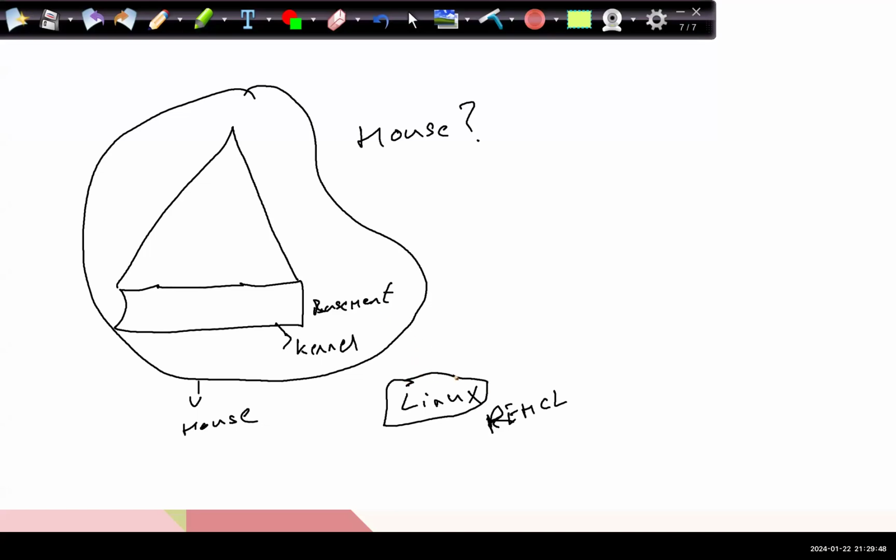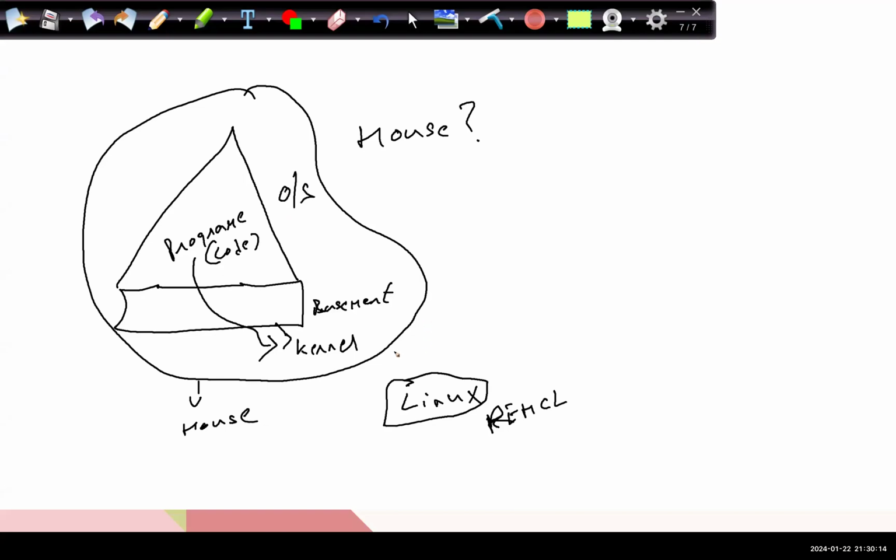I can take the Linux kernel, I can download it, but I have to write the program, right? I need to write the code which will give instructions to the kernel. Once I write this program for the kernel, this entire package is called an operating system.